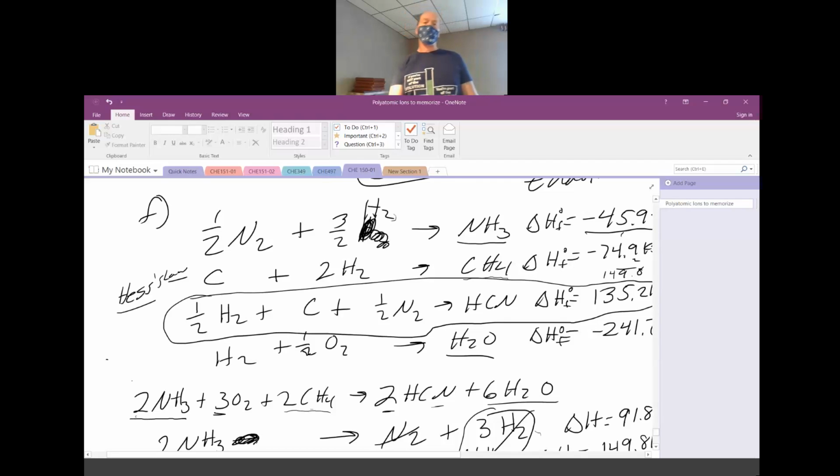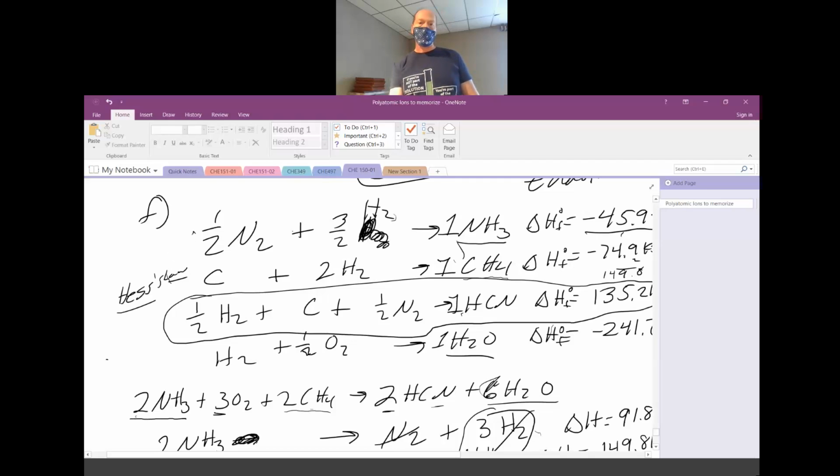But that is the exact reaction that I wrote. Again, all of these are forming 1 mole. So I got 1 mole of my NH3, 1 mole of my CH4, 1 mole of my HCN, 1 mole of my H2O, and they are all from elements.